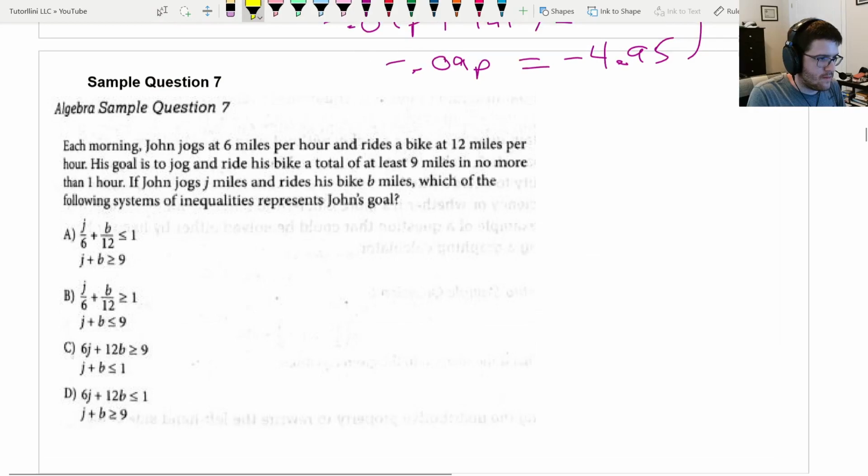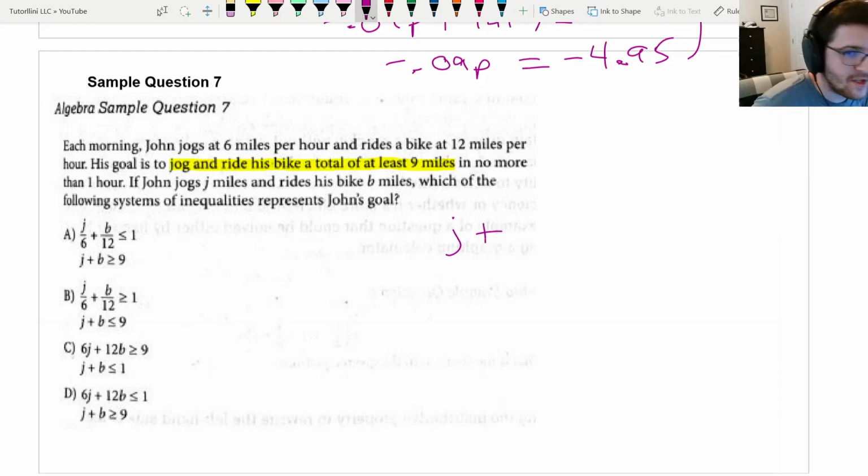Okay, he wants to jog and ride his bike at least 9 miles. Okay, so that tells me that the miles he's jogging, J, and the miles he's riding his bike, B, added together should give me at least, as we were talking about before, means greater than or equal to, 9 miles.